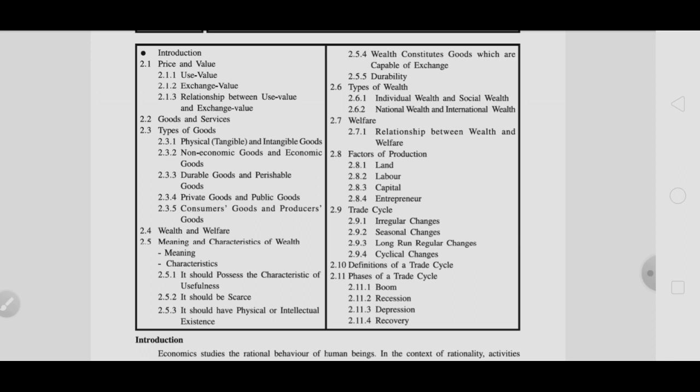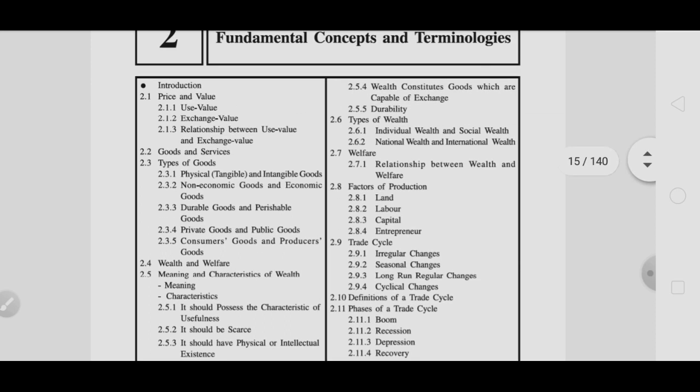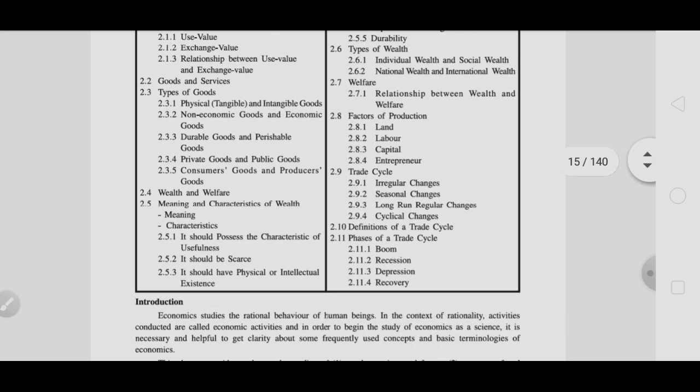Then goods and services, they have their own definitions, like what are goods and what are services, and types of goods. Then wealth and welfare, and the concept of welfare, that is the meaning and characteristics of wealth. Then types of wealth and welfare. Then factors of production.